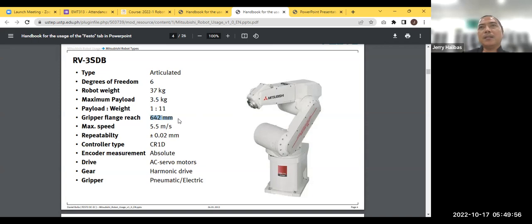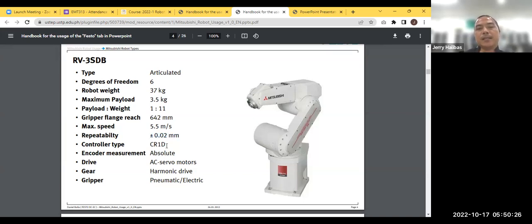So sama na wala kaabot og isa ka meter, because 1 meter stick is 1,000 mm or 1 meter. So isa ka abot isa ka meter. And the speed, maximum speed is 5.5 meters per second with repeatability of plus minus 0.02 mm.